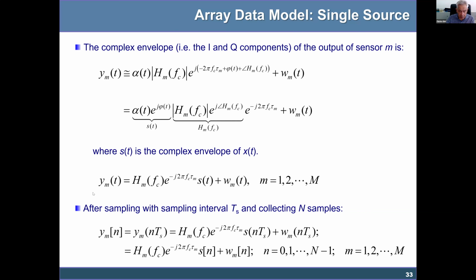So at the end, the complex envelope of the signal at the output of the M sensor can be expressed in this way. And I repeat, this term tells that a delay is mapped into a phase shift.